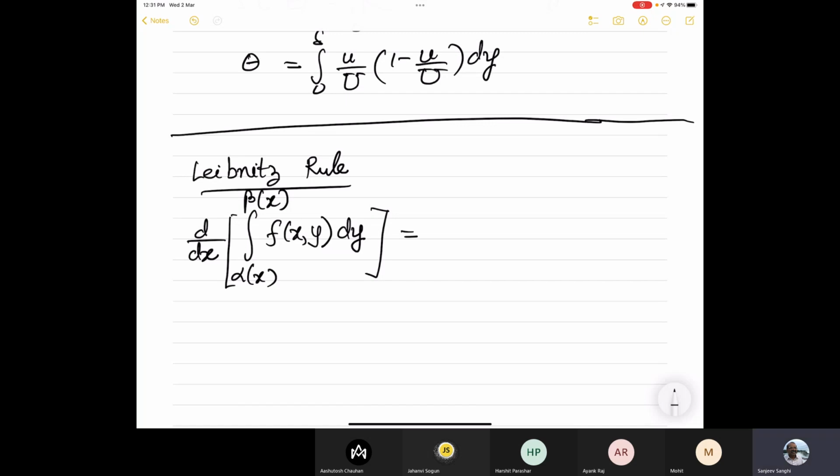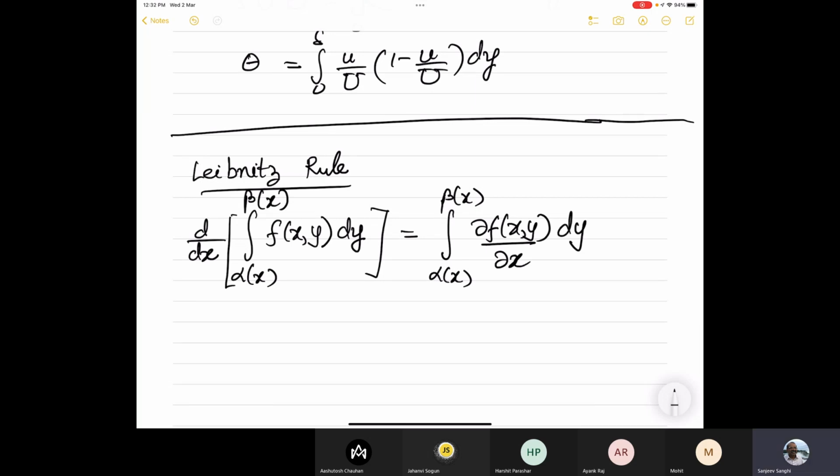How will I do it? So let's take the d by dx inside. So this will be integral from alpha of x to beta of x, and now because f is a function of both x and y, partial f by partial x dy.